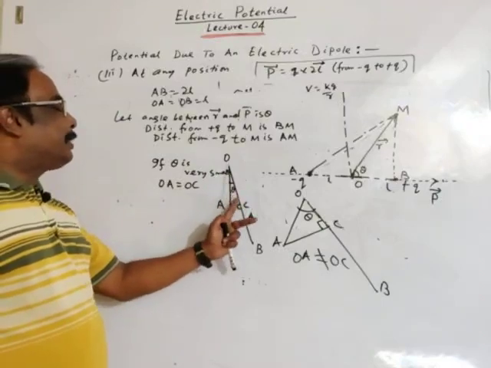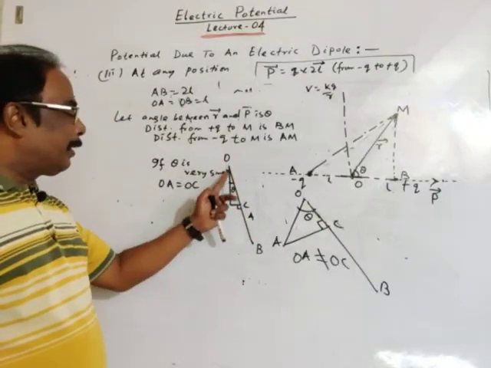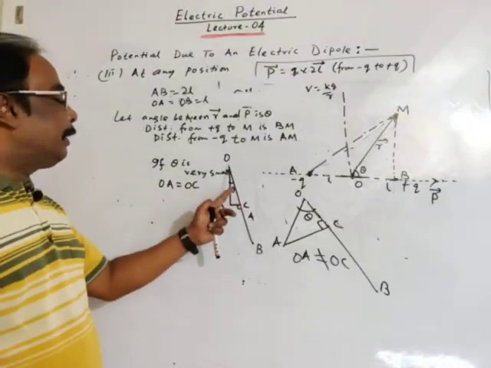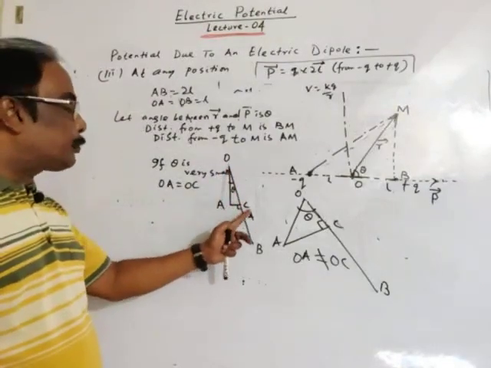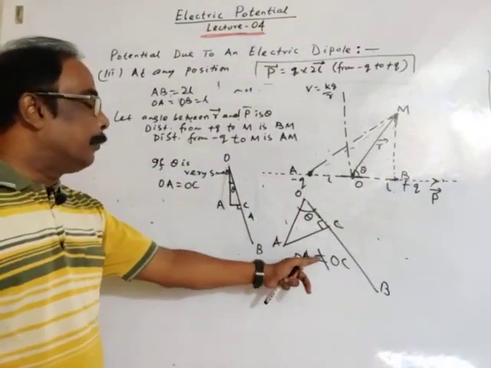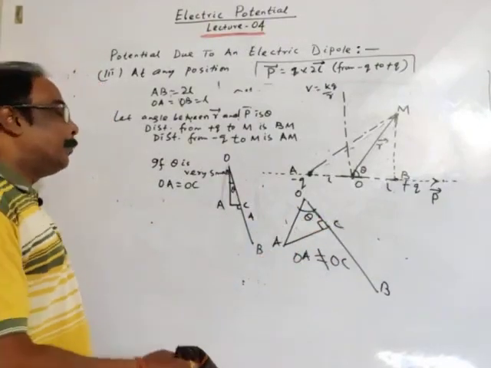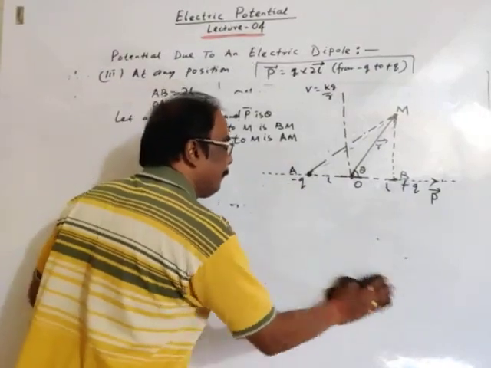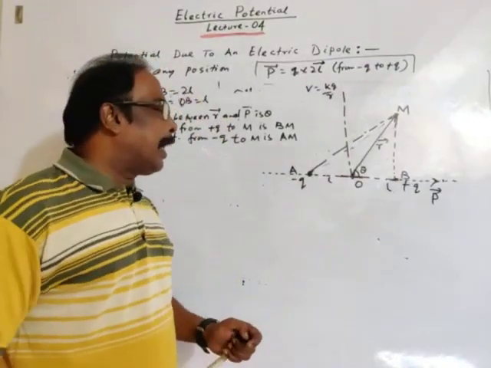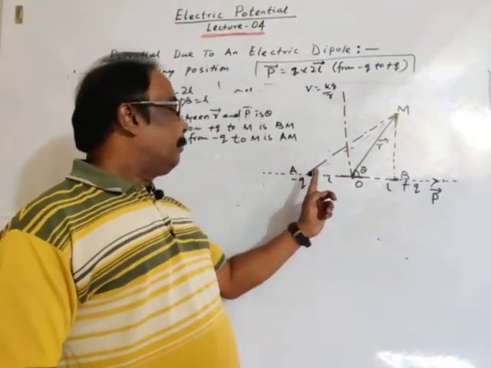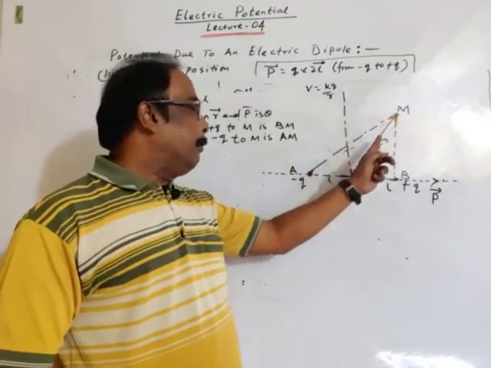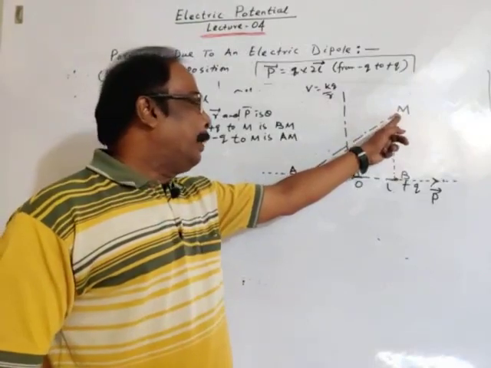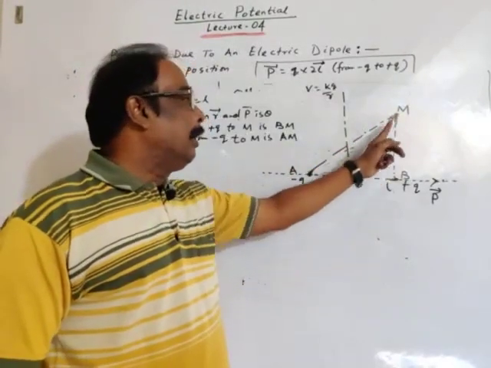Angle theta very small. These are two straight lines, one is longer and the other is shorter. Just draw a perpendicular, then OA is equal to OC. If theta is more, then OA is not equal to OC. As we see from the triangle AMO, AM appears to be longer than OM.